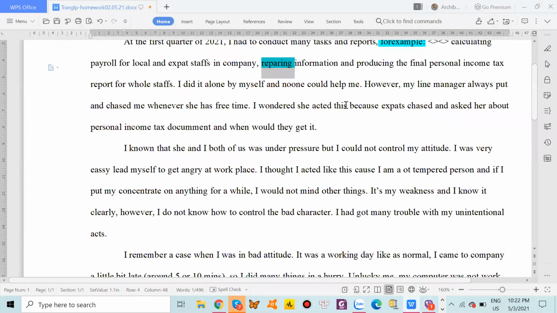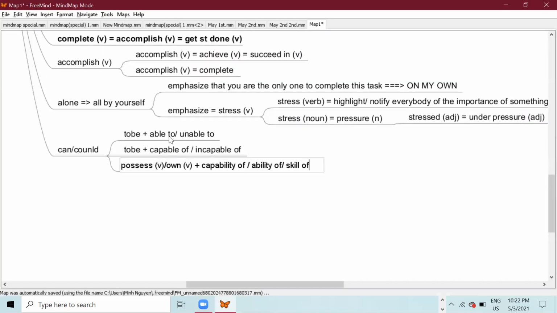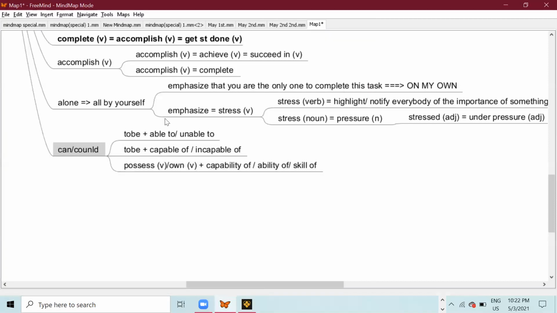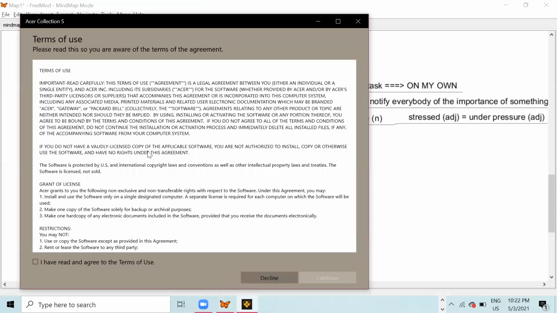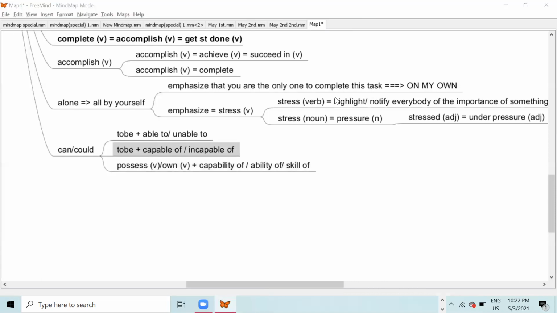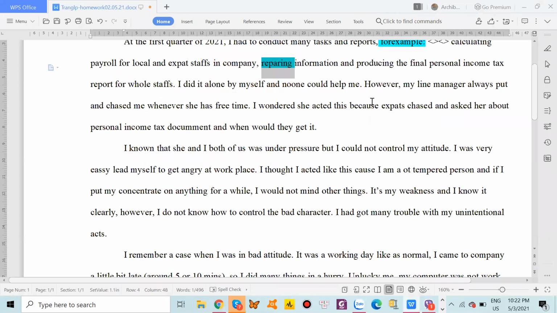Everything here is the collection of words for you to replace can and could, which we use a lot in our daily life. If you don't want to repeat this word in your daily life, please change it to these three choices.